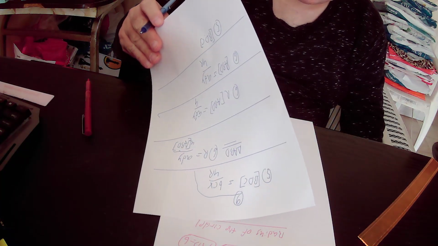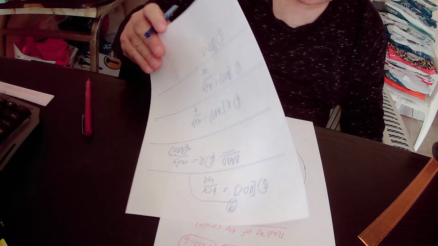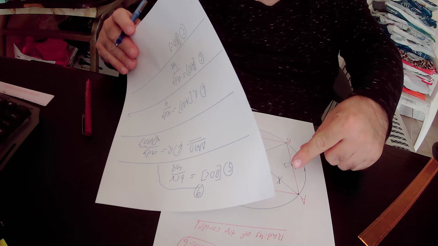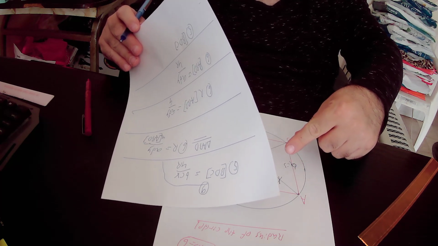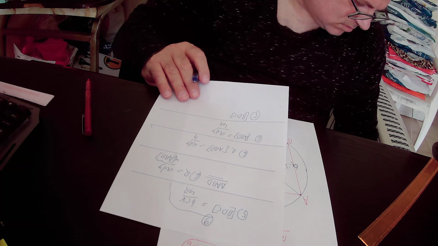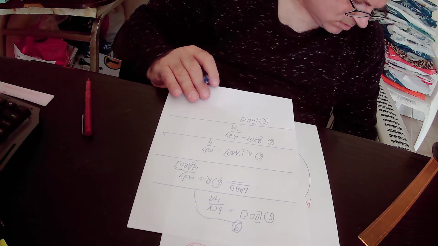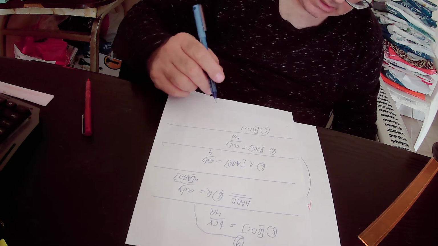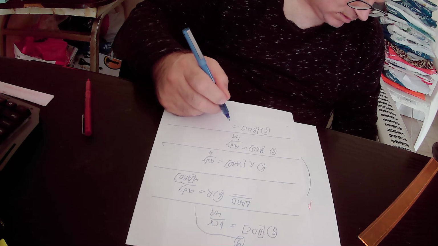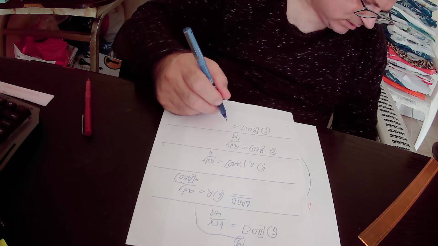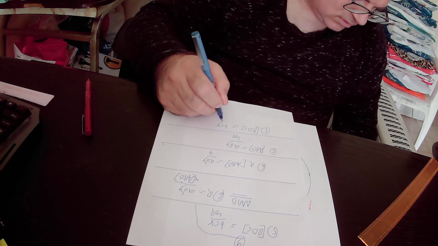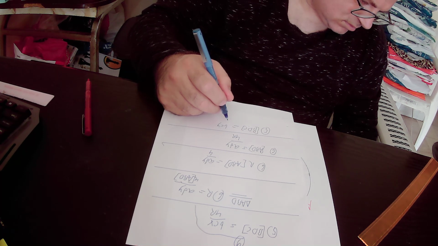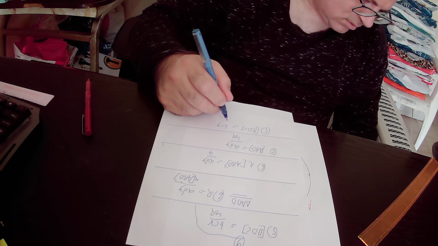So we found out the area of triangle ABD. And we have already found out, according to equation number 5, that the area of triangle BDC equals BCY over 4R.